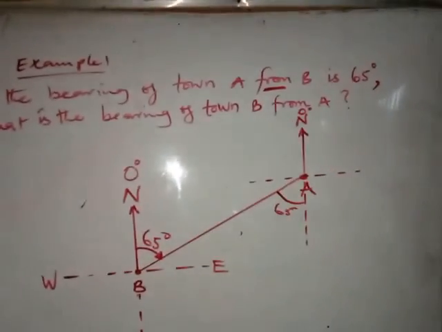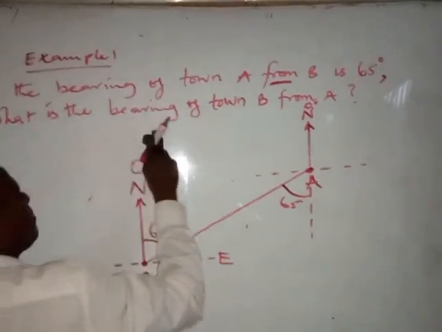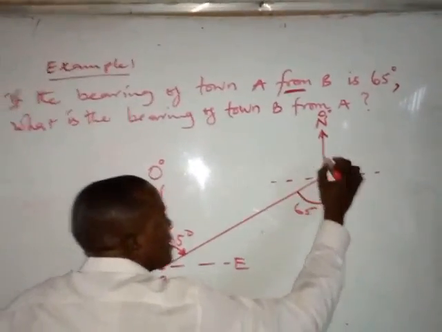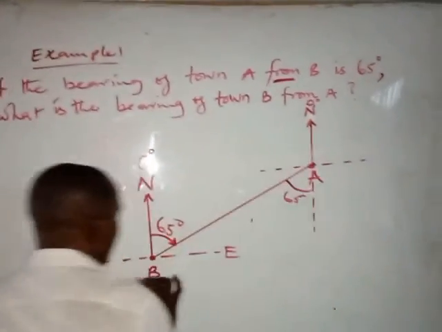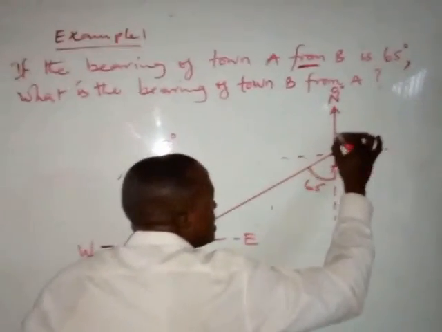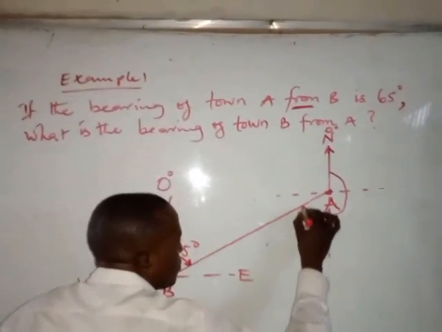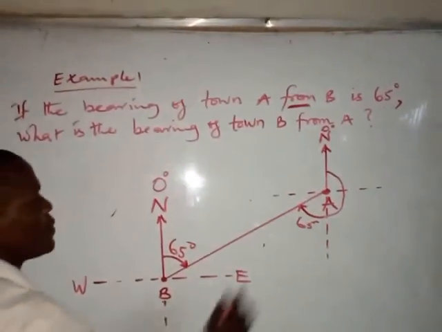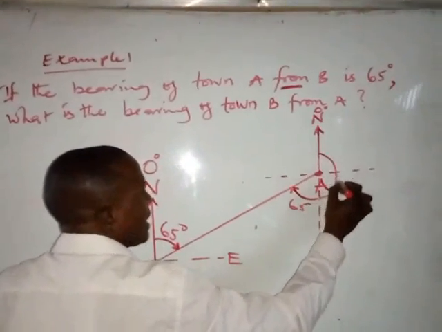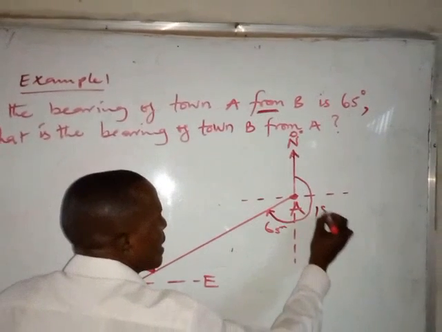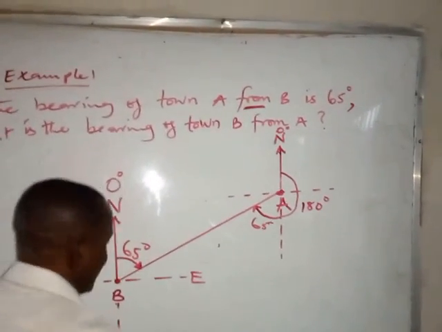So, the question is, what is the bearing of town B from A, starting from here? So, the bearing of town B from A is come this way, join this up to this line. Very simple. So, of course, you know, from here down here, which is what? The semicircle is 180 degrees.